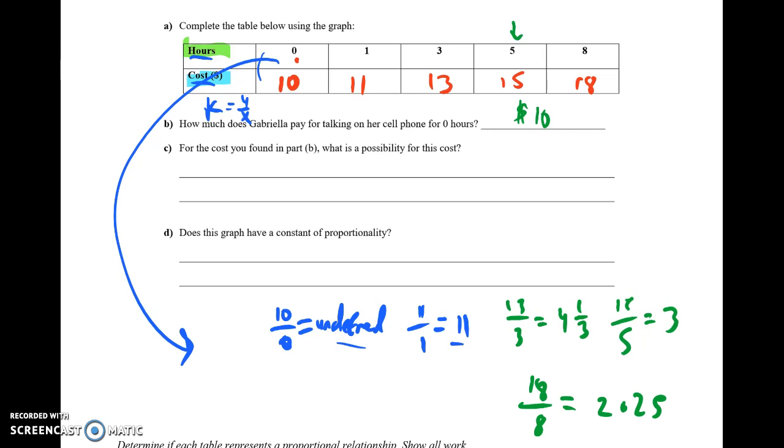So here are all our values for y over x. We got undefined, 11, 4 1/3, 3, and 2.25. They're not all the same. If they're not all the same, there is no constant of proportionality, and therefore it's not proportional.